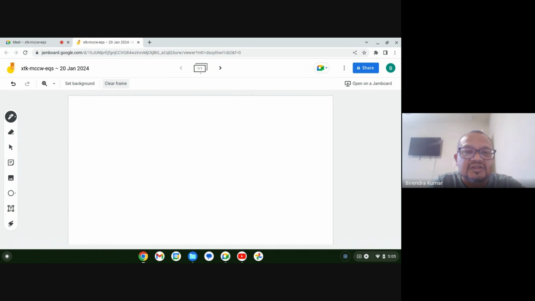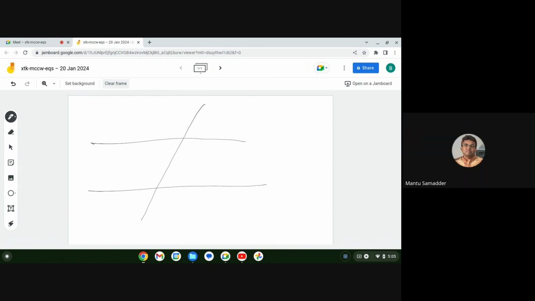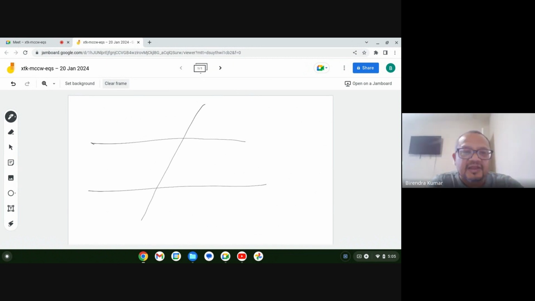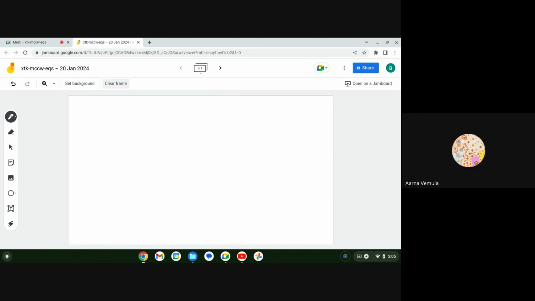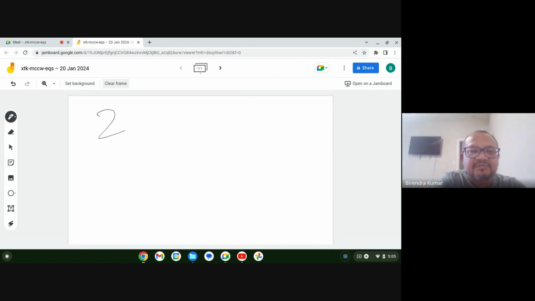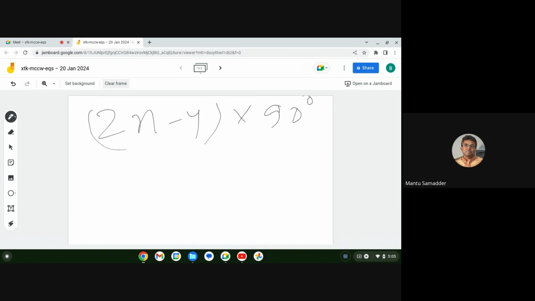Then we learned about the angles for a pair of parallel lines. Then we also learned about this magical formula. What is this formula for?